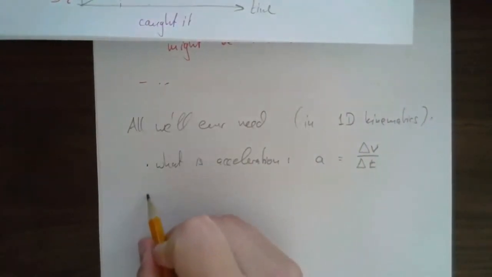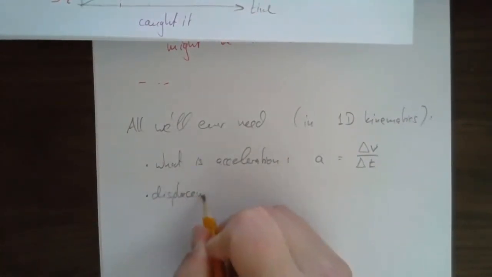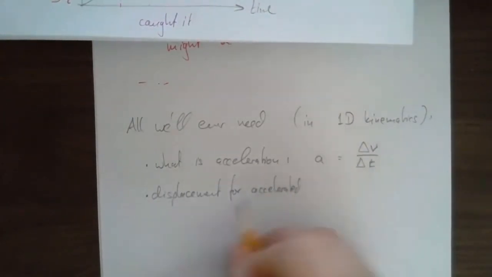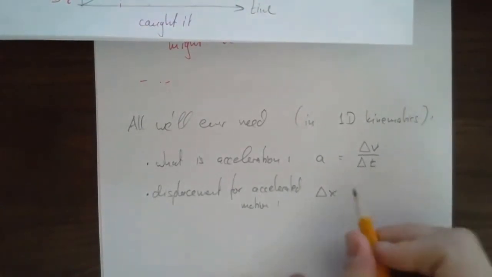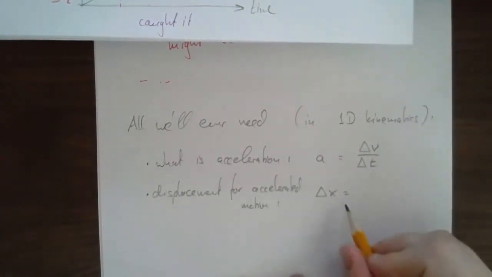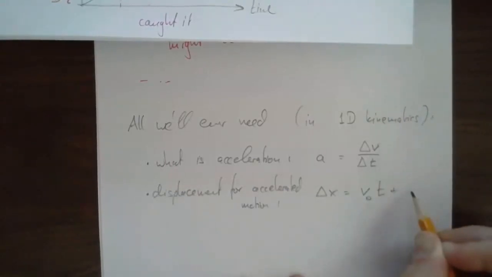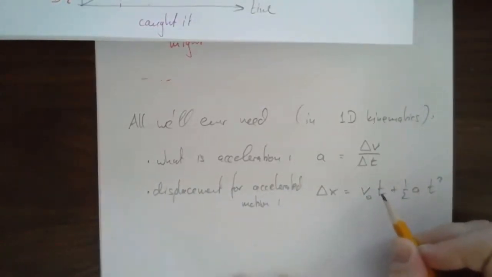What is acceleration? And the other thing is just the displacement for accelerated motion. And that is that your change in position is equal to your initial velocity times time plus 1/2 a t squared, or you could write delta t to mean a change in time.